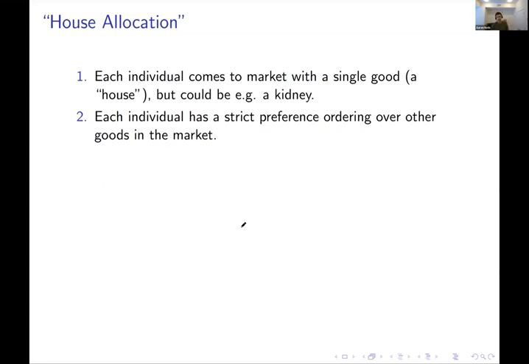So the premise is everyone shows up with some good, and they've got preference orderings over all of the goods in the market. And so this isn't yet a game, right?